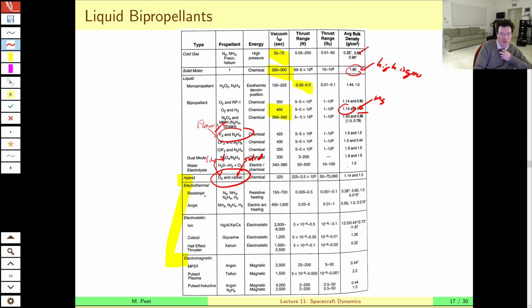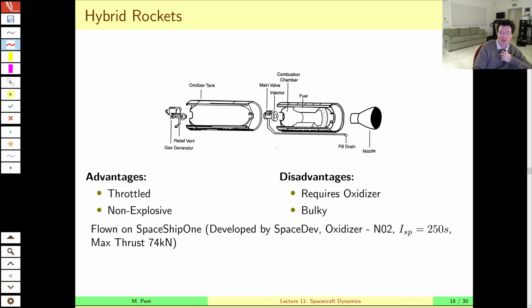In addition, we'll talk a little bit about these electricity-based rockets, the electrothermal, electrostatic, and electrodynamic. So we'll cover very briefly hybrid rockets here, right?